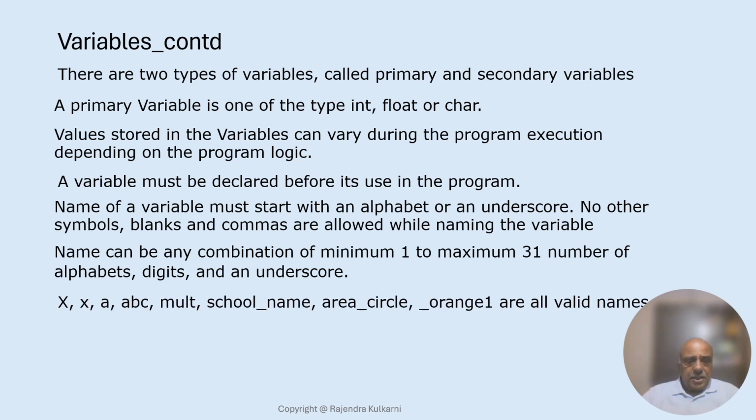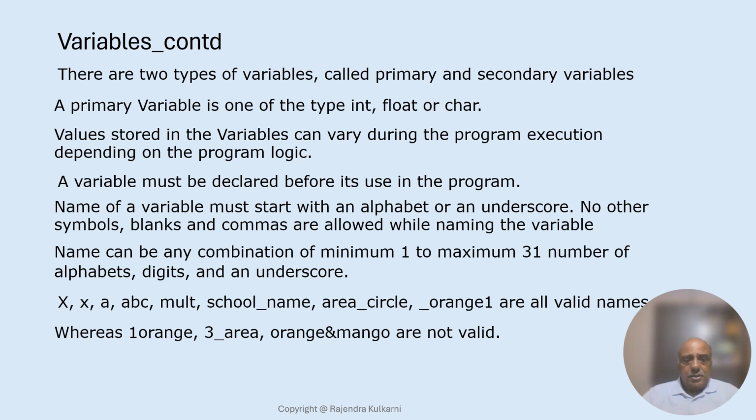X, capital X, small case a, ABC, mult, MULT, school underscore name, area underscore circle, underscore orange one are all valid names. They are built following the rules. Whereas 1 orange, 3 underscore area, orange and mango are not valid. Why? Because the first character in a variable name must be an alphabet or an underscore.